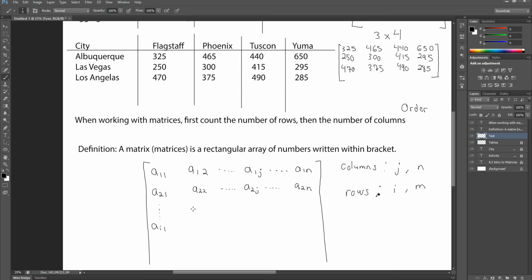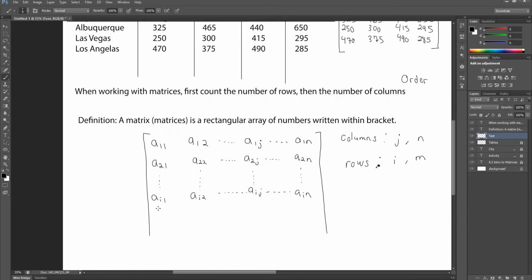So then we have AI2 all the way, this continues down, AIJ, AIN, and then we'll finish off our matrix by going to AM1, AM2, so this would be the final row.